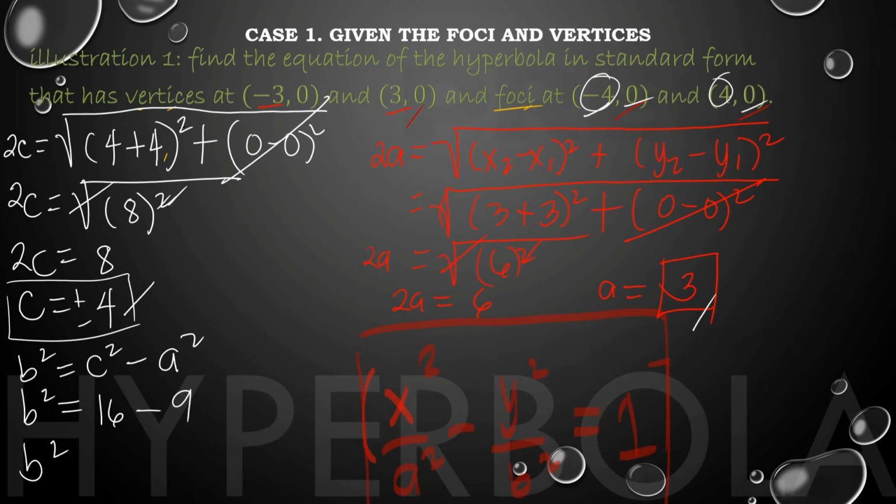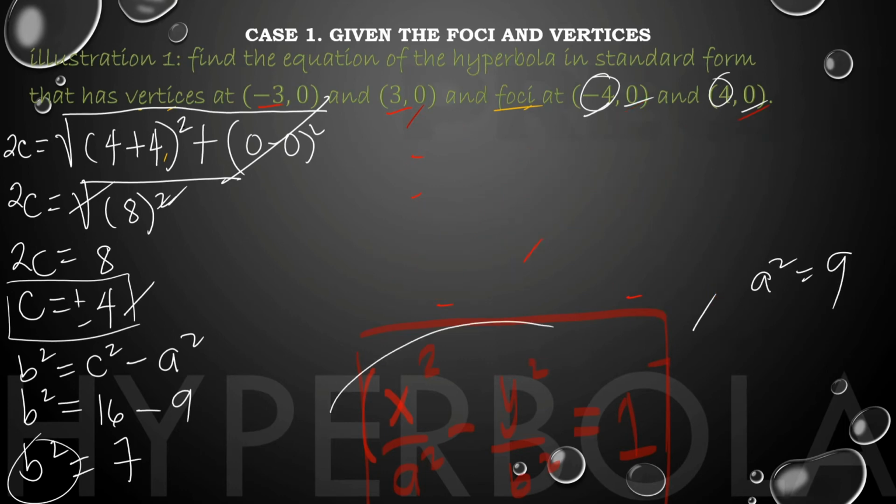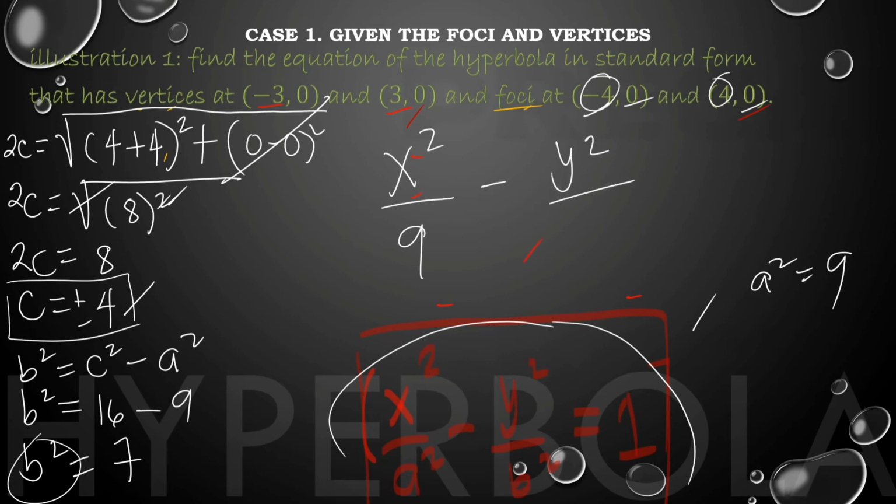So, b squared is equal to 16 minus 9 is 7. So, nahanap na natin yung h and k, and then yung a and itong b squared. So, a squared is equal to 9. So, direct sub na lang. Ito yung susundin natin na equation. So, x squared over a squared, which is 9, minus y squared over b squared, which is 7, is equal to 1.